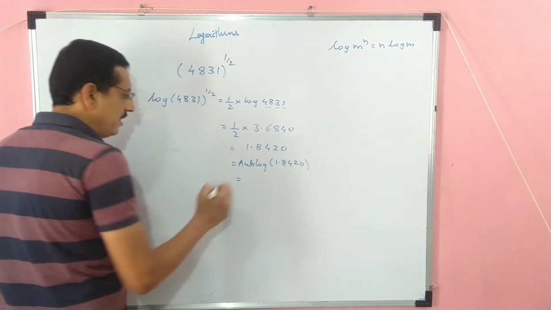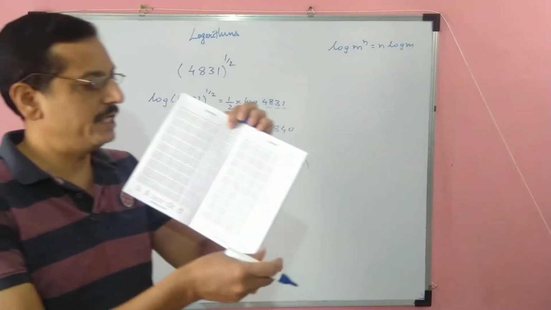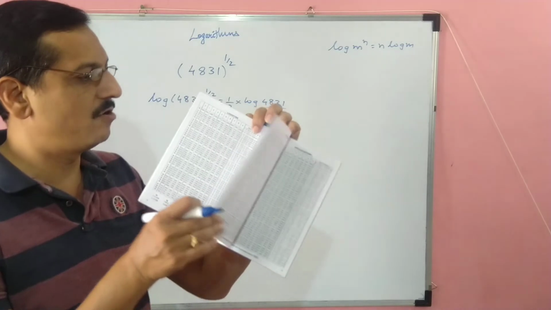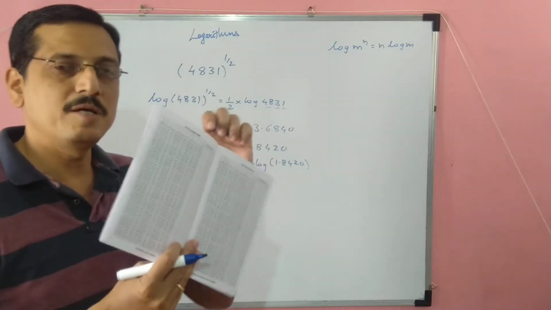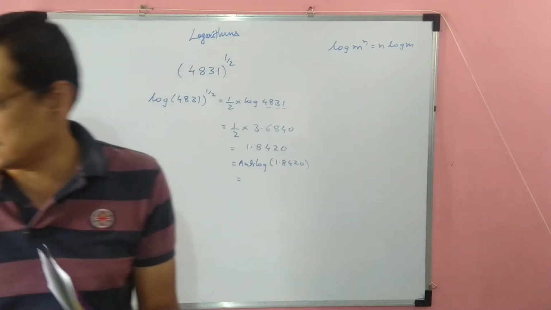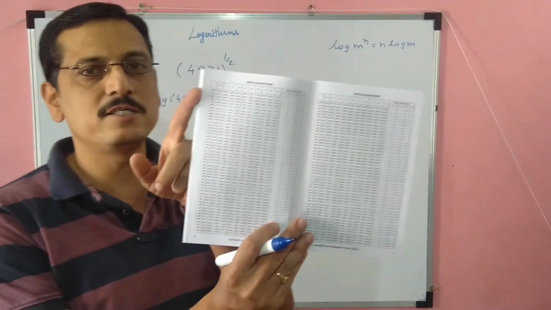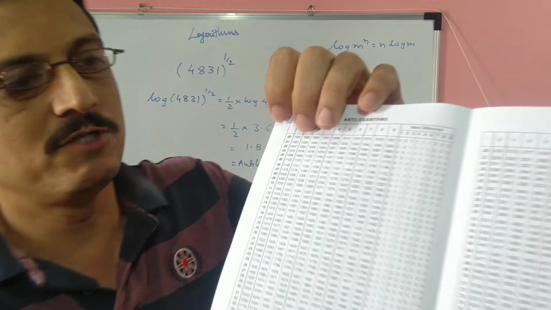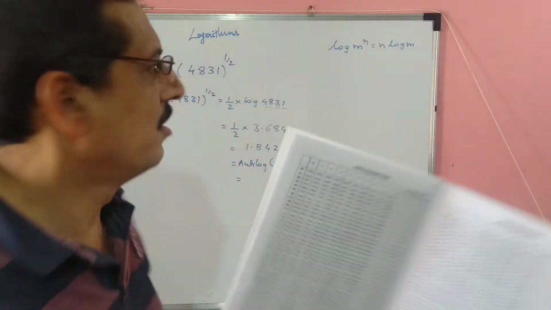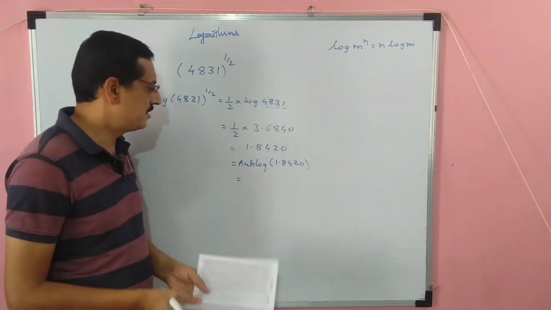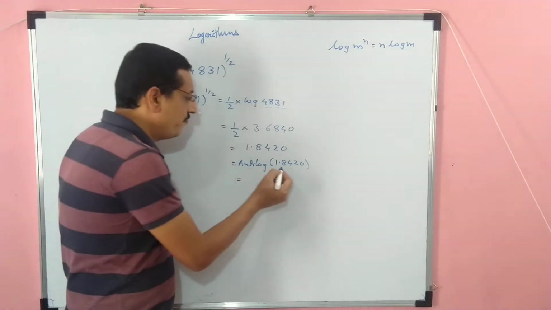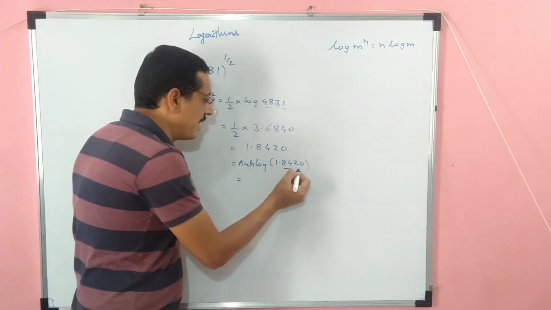1.8420. Now for anti-log, we have to enter the anti-logarithm page. Here there should be absolutely no mistake. The anti-logarithm value starts with 0.00. Now, students, only for the mantissa we have to use the anti-log table.